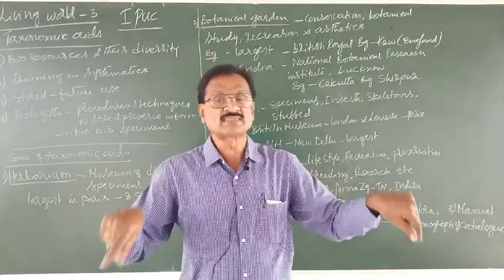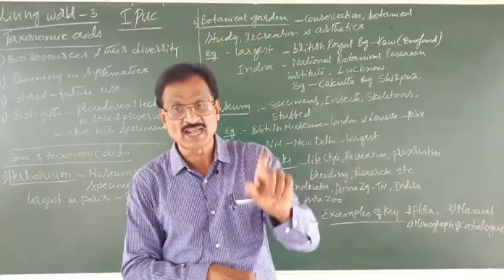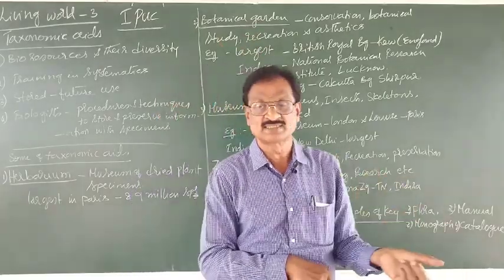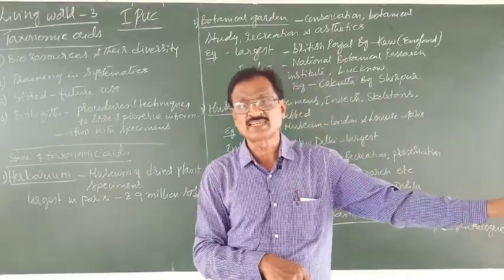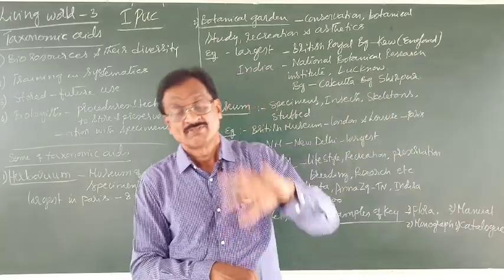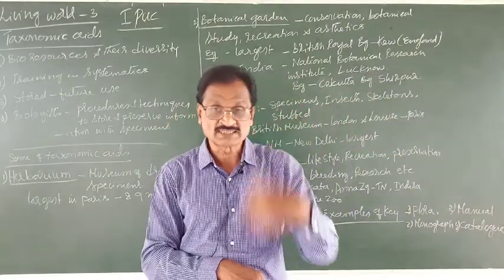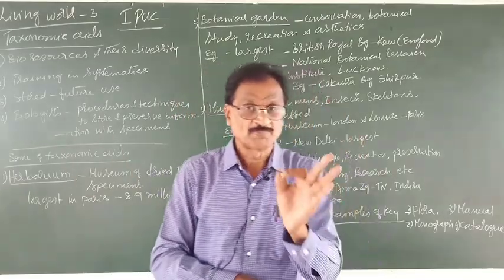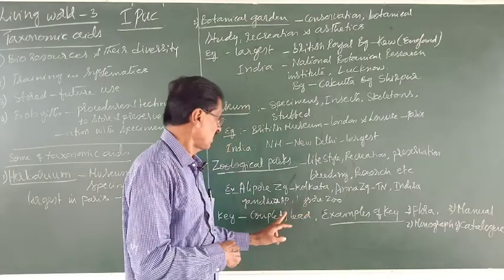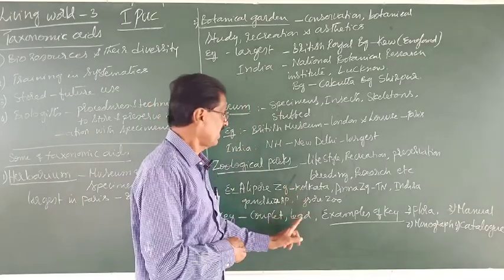Hence, there are dissimilarities. So, like that, we have to list both similarities and dissimilarities. The one which is not acceptable should be rejected, and the one which is acceptable is to be accepted and then grouped. Each step in a key is called a lead.